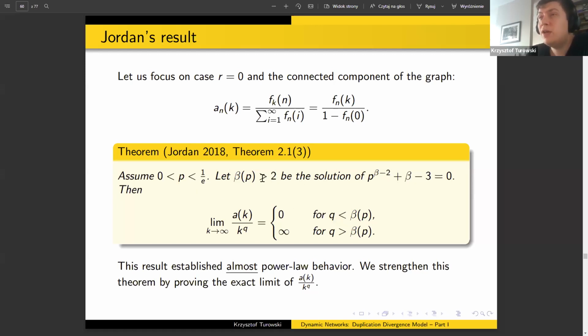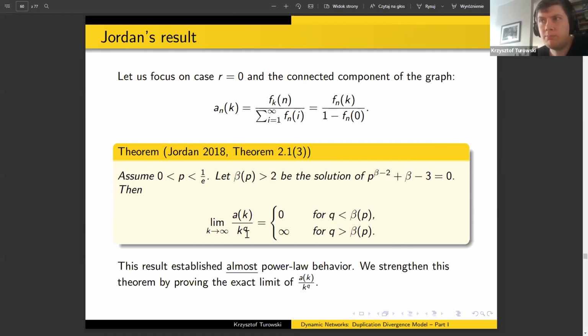And he proved that whenever we have some value which is a solution of this equation, then whenever we are below it, this goes to 0. Whenever we are above it, this goes to infinity. Still, it is almost a power law because it still does not prove that a_k is proportional to k to the power of q.